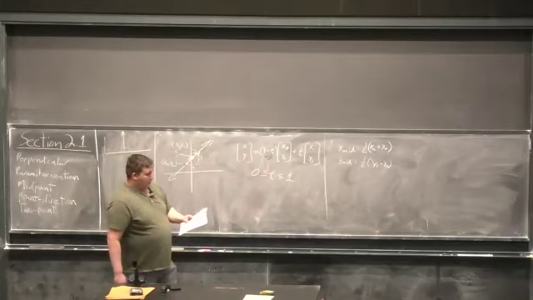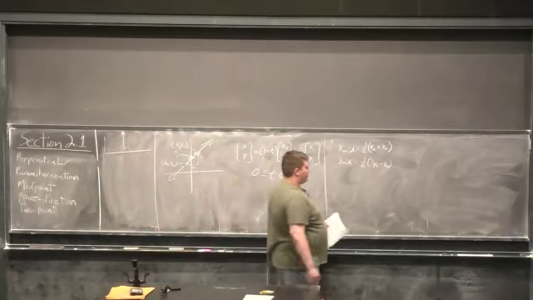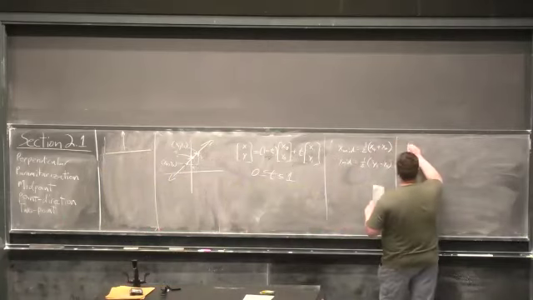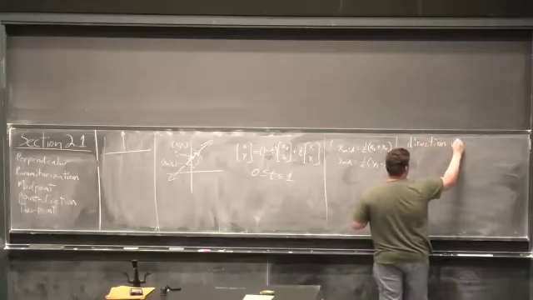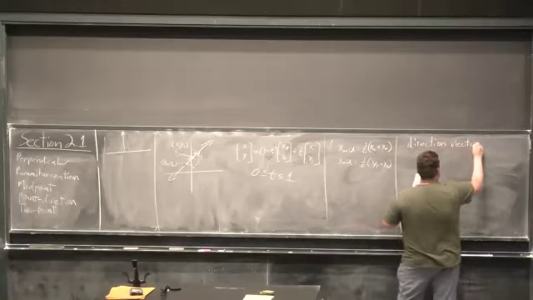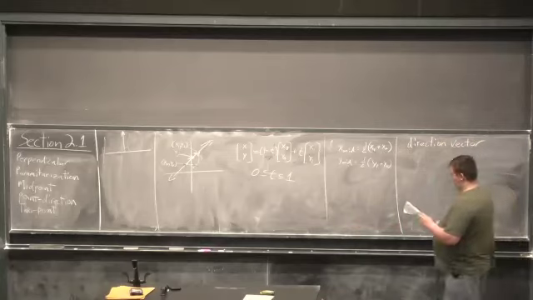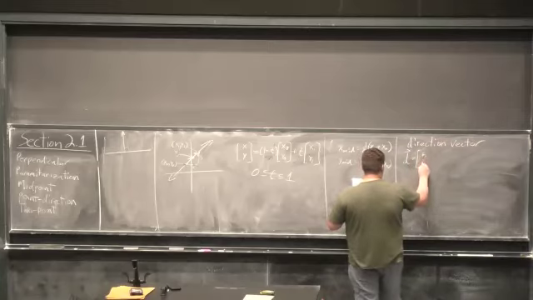So now we're going to introduce a direction vector. And what a direction vector does is we're going to label it d and have it be h, k.